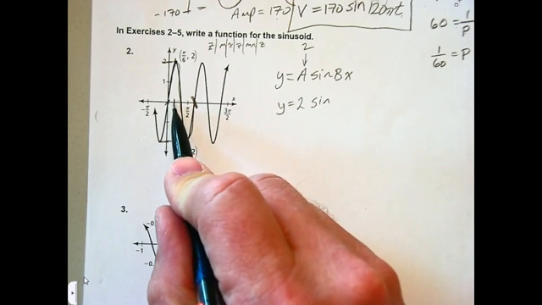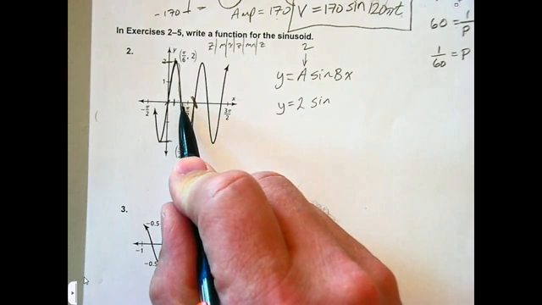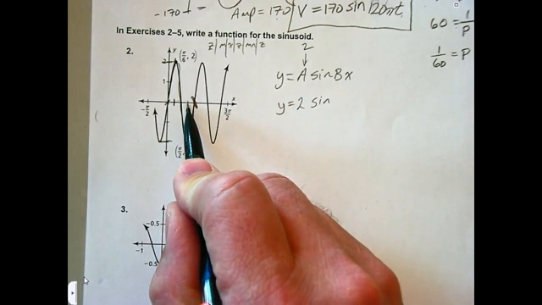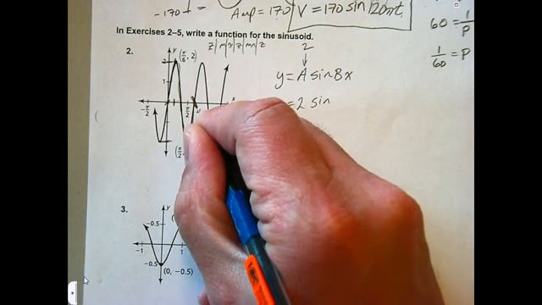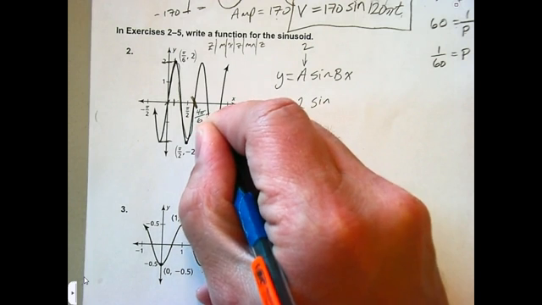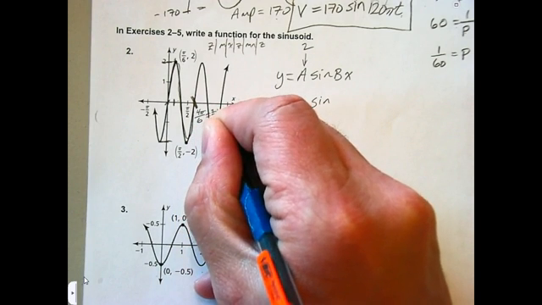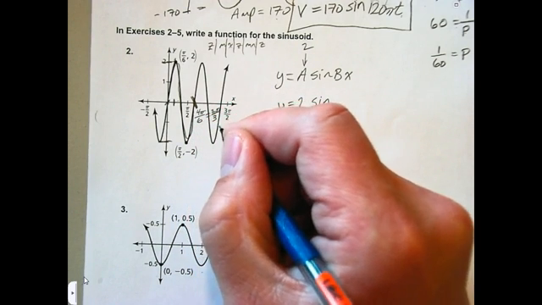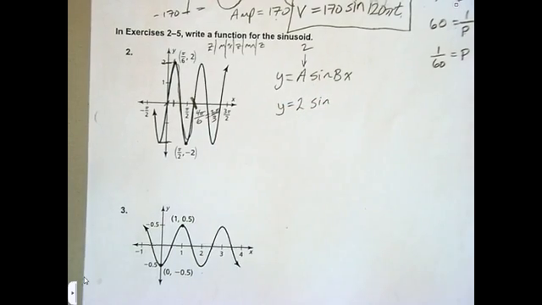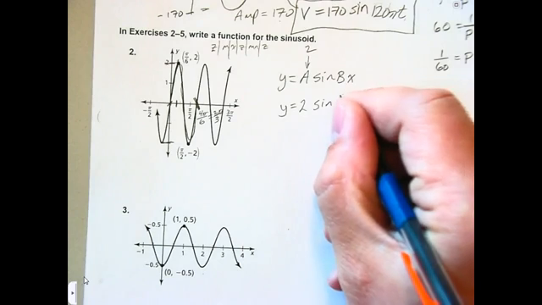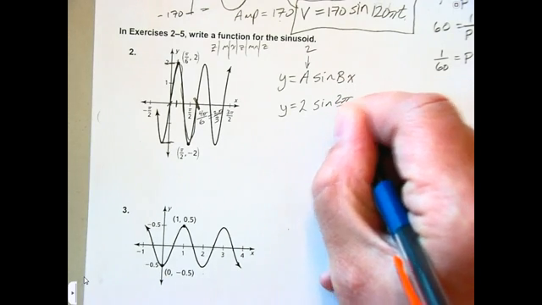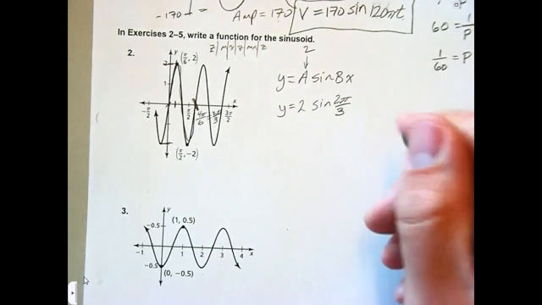That's 1 pi over 6, 2 pi over 6, 3 pi over 6, 4 pi over 6, which is 2 pi over 3, which no one had. Right? Oh, we had it. We just didn't want to say it. Okay, 2 pi over 3.